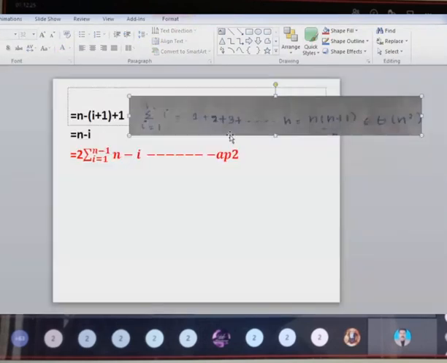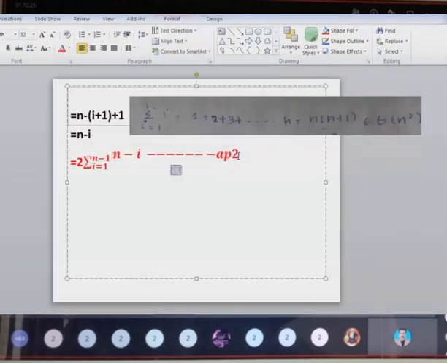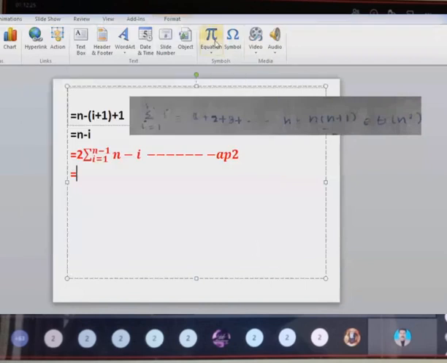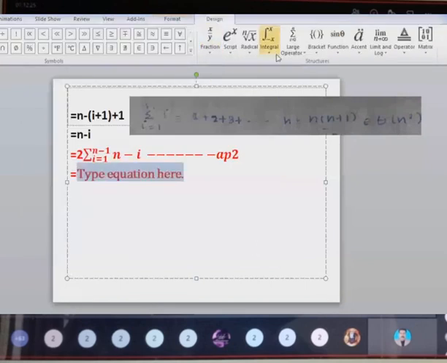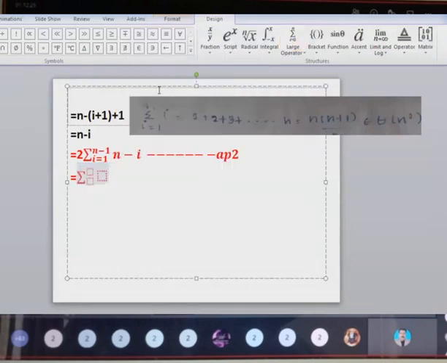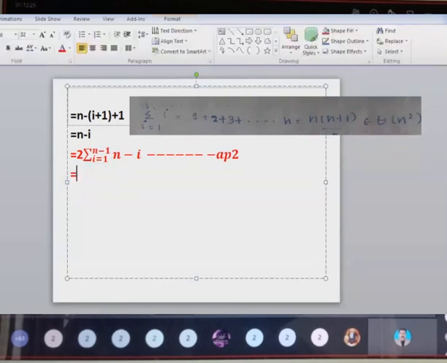Equivalent to, no need to write the summation.